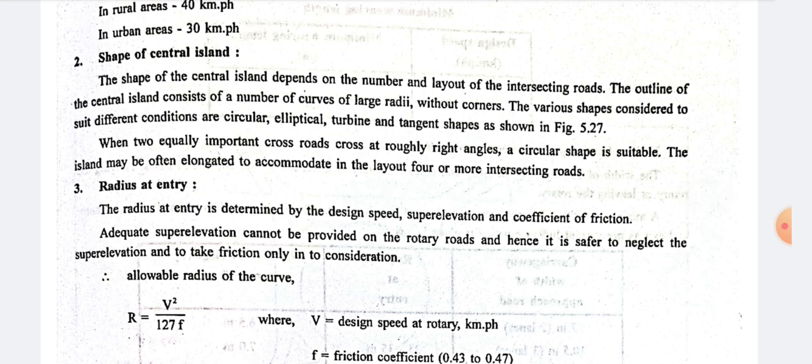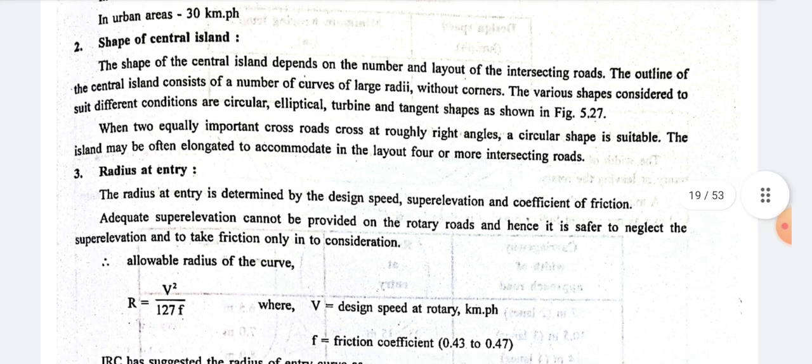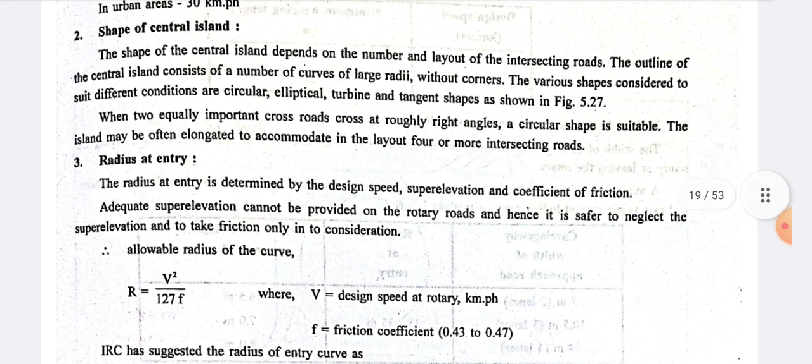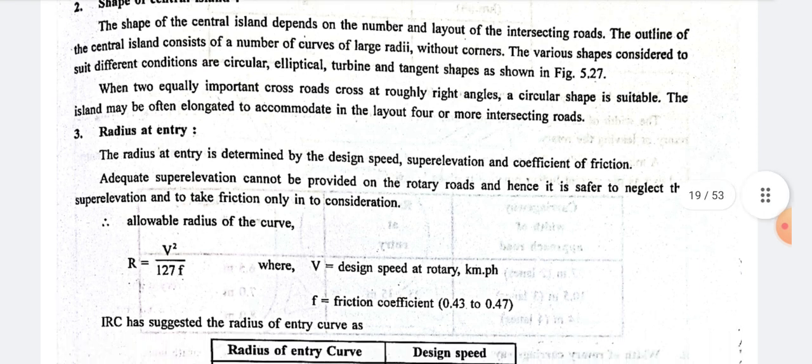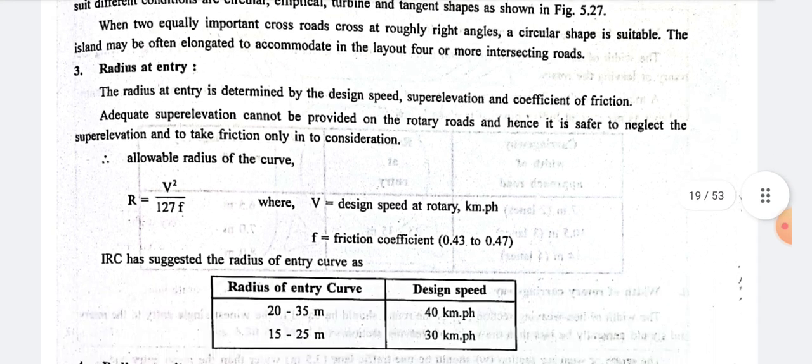We already discussed these four shapes above. When two equally important roads cross at a right angle, the circular shape is very suitable. And if more than four roads are connected at a single point, the elliptical shape is very suitable. So the shape of the central island is decided by the number of roads.